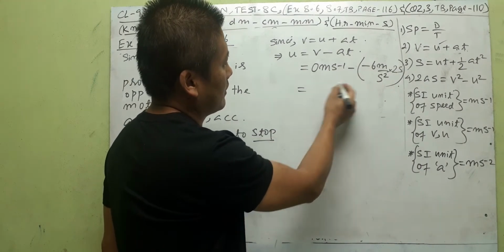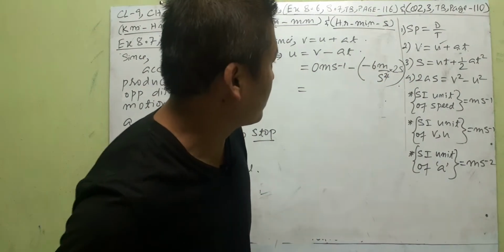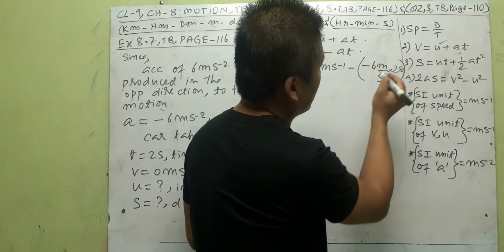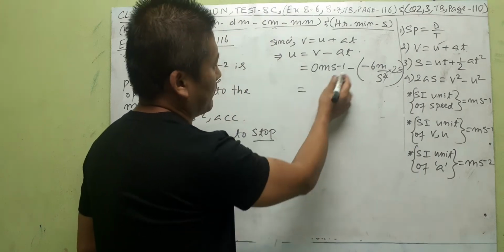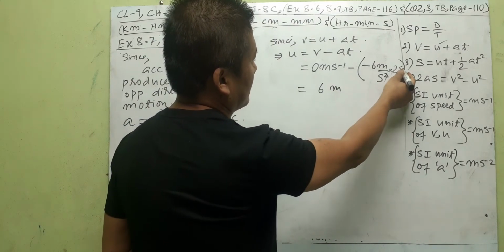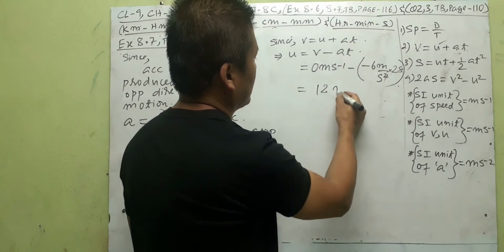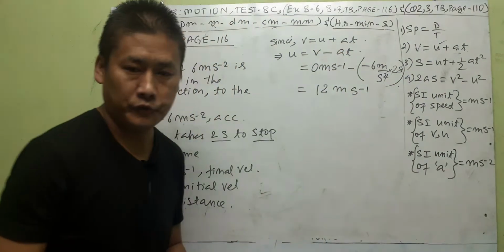So this second to the power 2 is gone, one power left, which we do not write. So minus and minus is plus 6 meter, and this is finished. 6 2s are 12 meter, and down here second will go up as per second. So you got the value of u now.